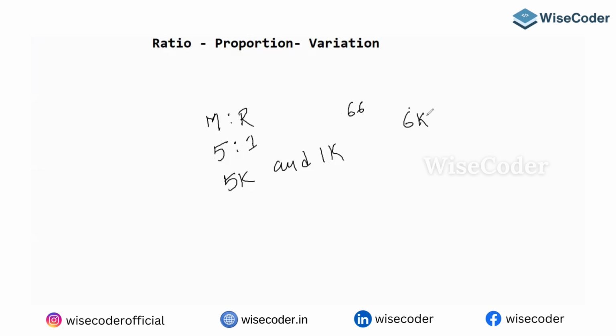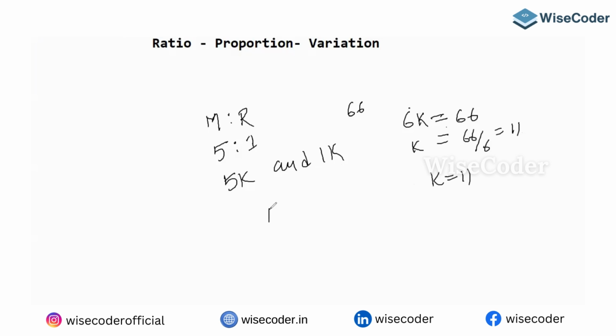Given that the sum of their scores is 66, 6k is equal to 66, then k is equal to 66 by 6, which gives 11.